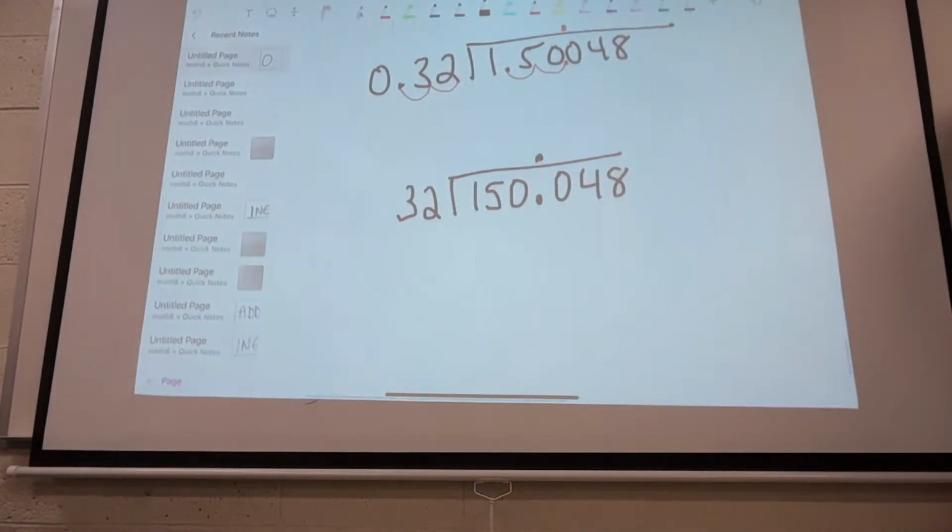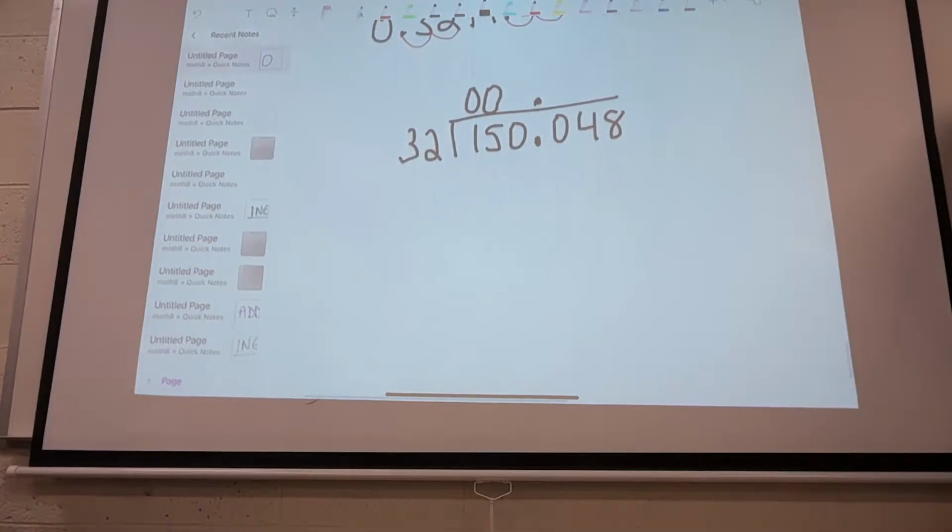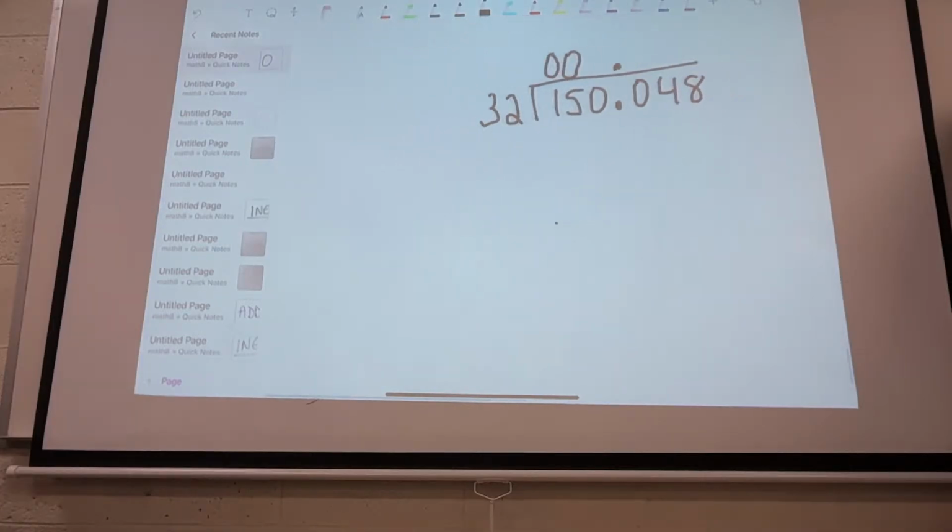So 32 cannot go into 1. 32 can't go into 15. How many times can 32 go into 150? No idea. So again, I'll try 5. 32 times 5 is 160. Too big. But yeah, it's got to be 4, right?